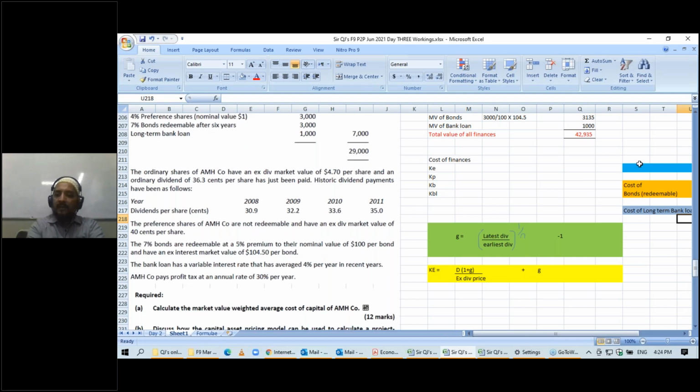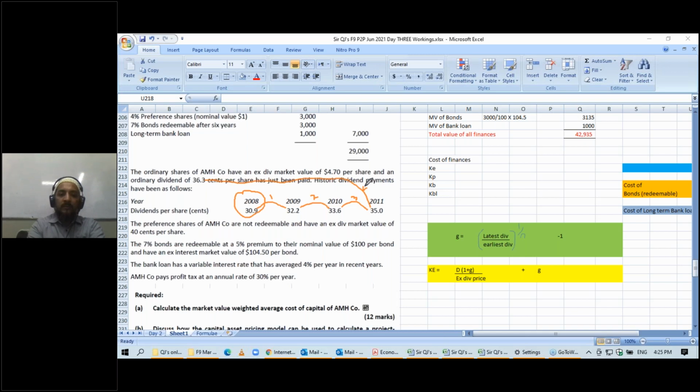The reason behind this is that the first dividend is the base year, 30.9. Then you move on to 32.2 in 1 year's time, then 33.6 in the second year, then 35 in the third year, and in the fourth year you move on to 36.3.